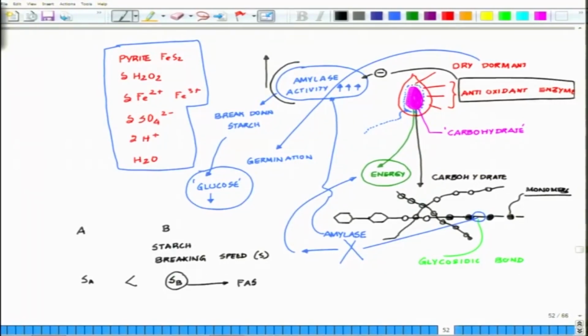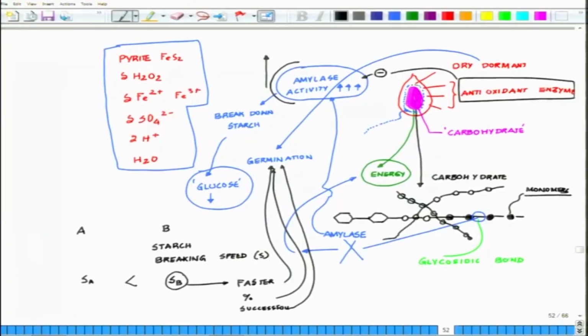Okay? Faster germination, a higher germination percentage, and more successful germination. Okay? Now, is FeS2 playing such a role?